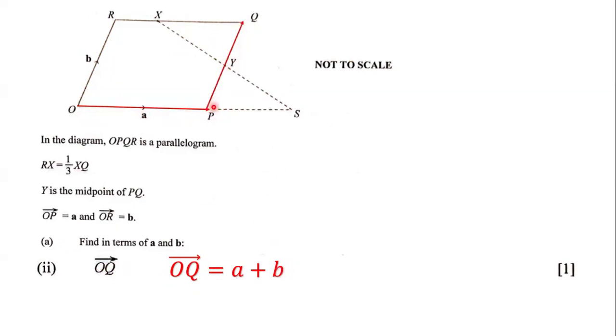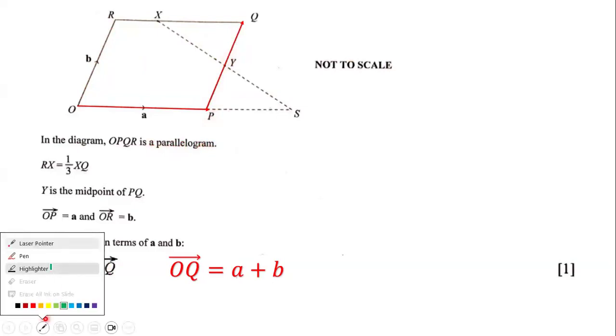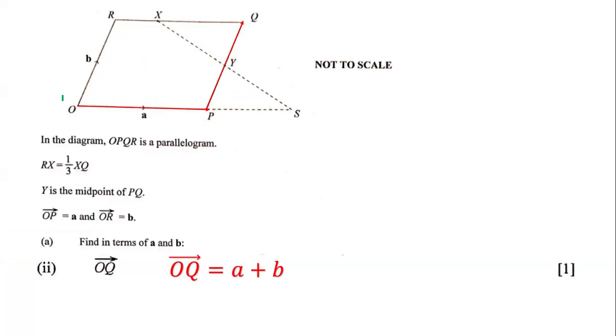And the reason why we use b is because this side and this side are equal, because this is a parallelogram. And so what does that mean? Well, if this right here is b, this right here must also be b as well.